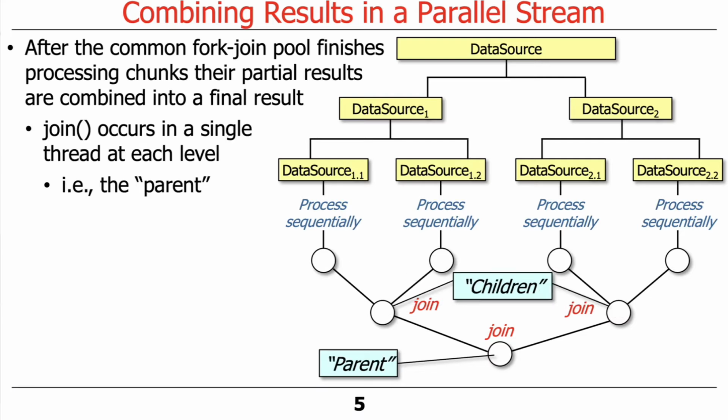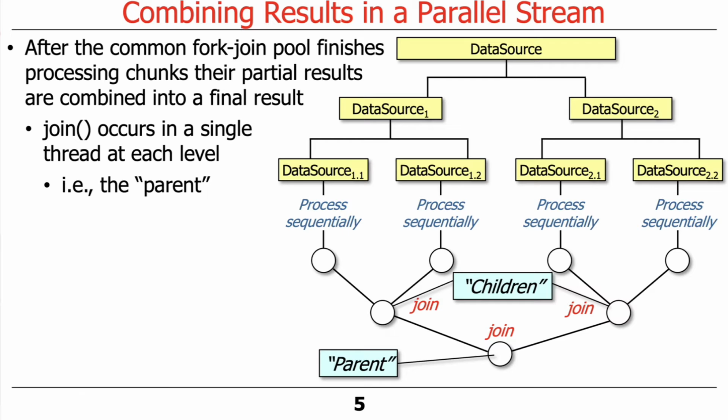The way that this occurs from an implementation point of view using the fork join framework is that the joins occur in a single thread at each level in the hierarchy. As you come out of the processing of all the different subtasks or sub-data sources in parallel, where each thing is done sequentially, of course, there's a parent that's going to wait for its children to finish, and those children are joined together in one thread.